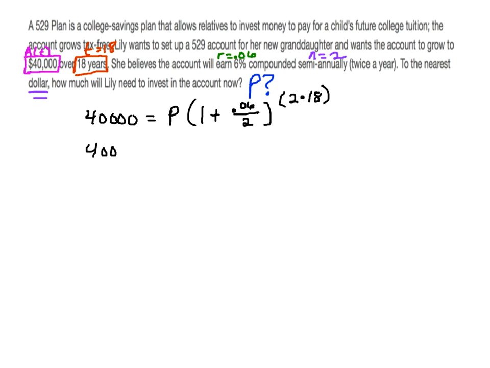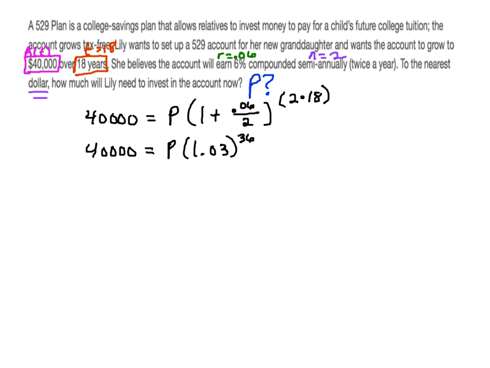Okay, so we have 40,000 equals P times, okay, so 1 plus, I'm going to go ahead and simplify in the parentheses there. 1 plus 0.06 divided by 2 is 1.03. And that's raised to the 2 times 18, which is 36.